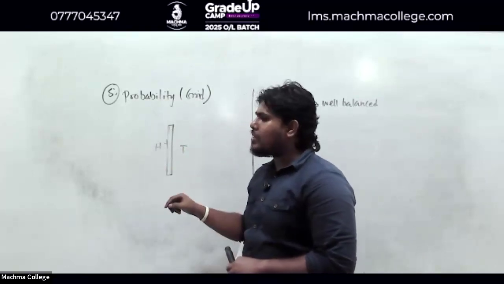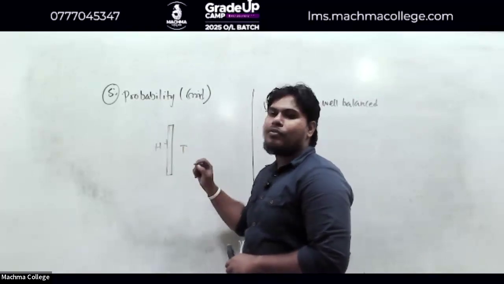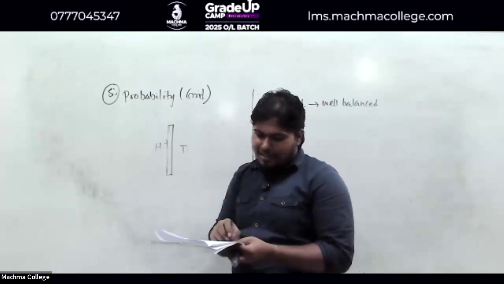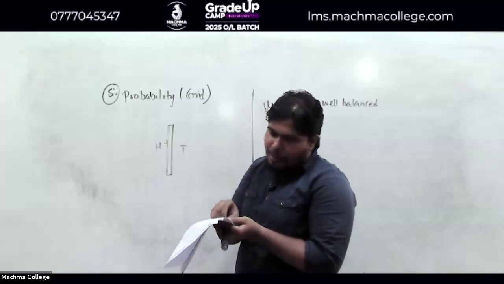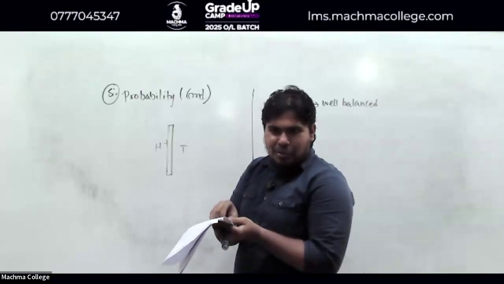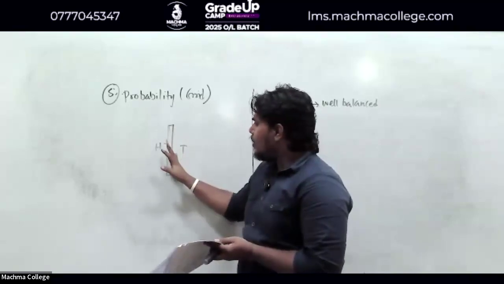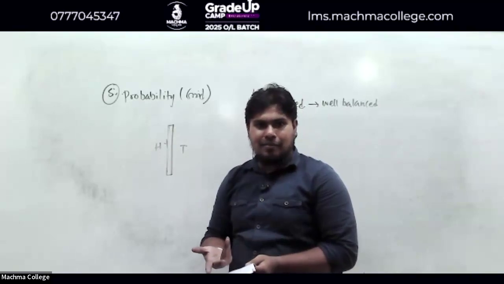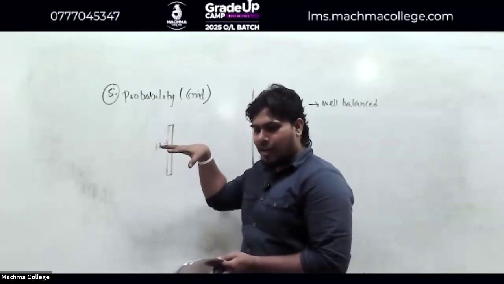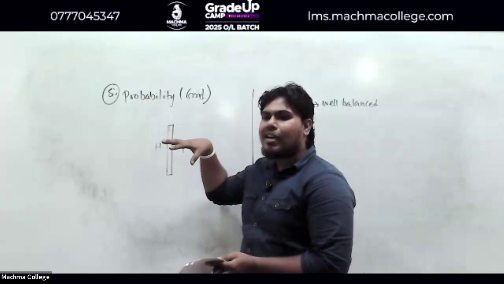Or else the easiest way is reducing the weight of this side by taking something sharp and scraping off a little. Then this side's weight is lower and this side's weight is higher. When you flip it, the heavier side goes down and the tail comes up. So that's how cheating in tossing works.